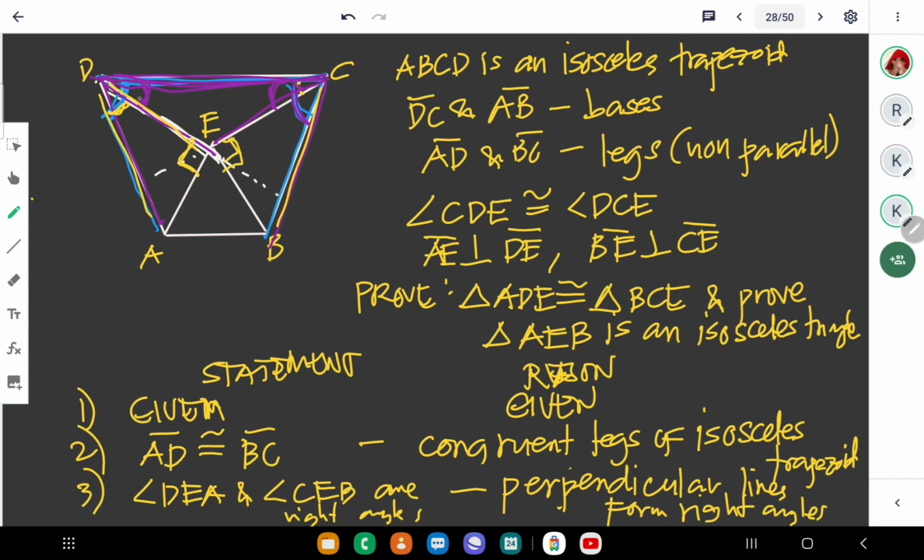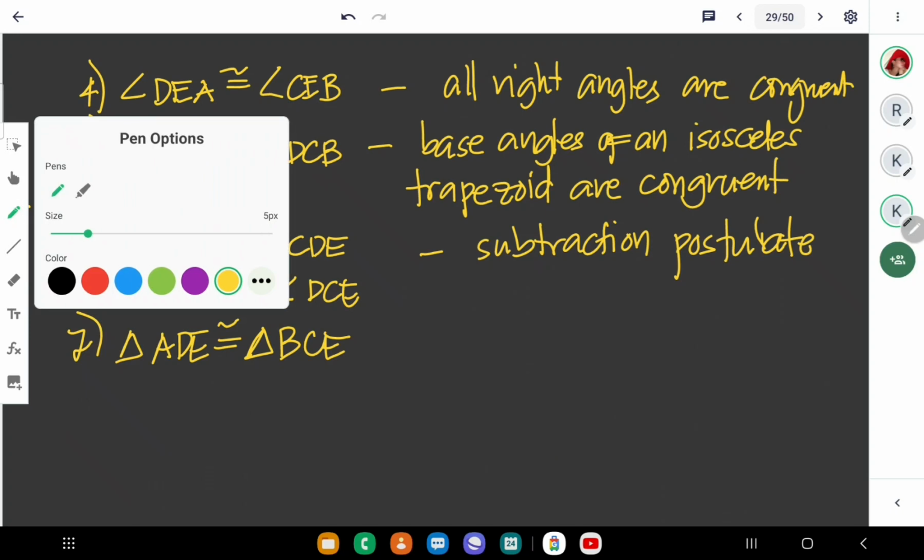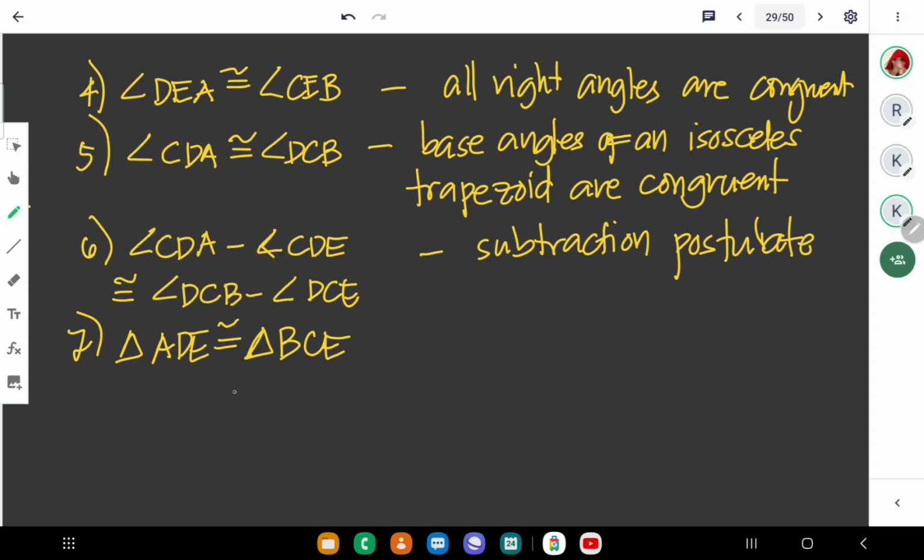So triangle ADE is congruent to triangle BCE by AAS, angle angle side.